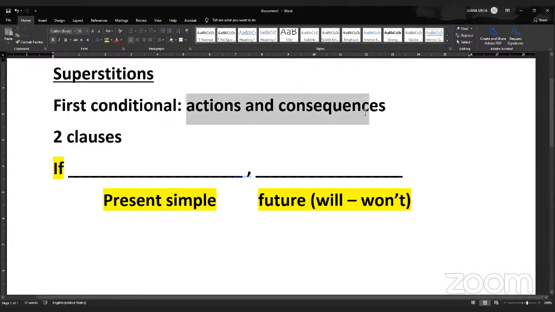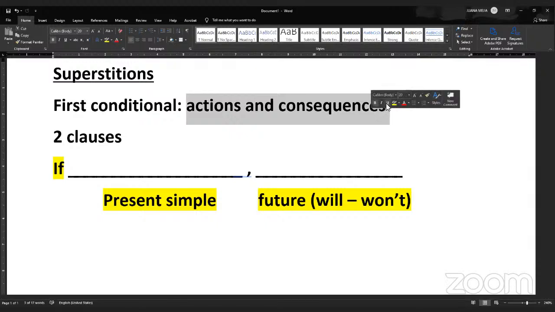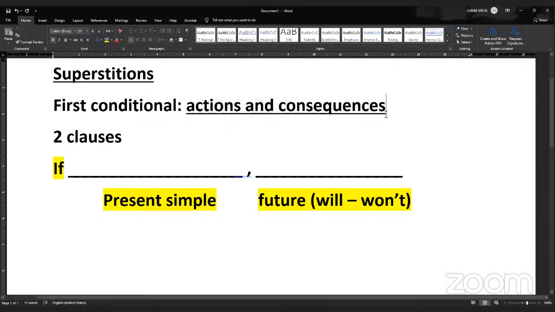First conditional is this: action and consequences. The action is the present simple. The consequence is future. I'm going to write down the action. Let's talk about superstition, for example.